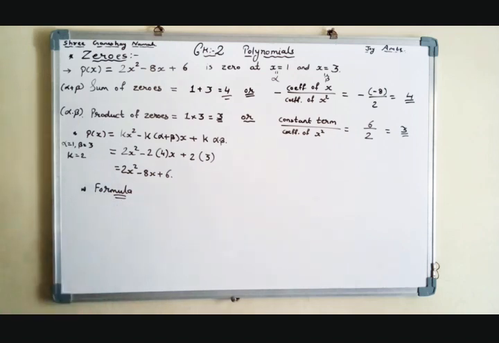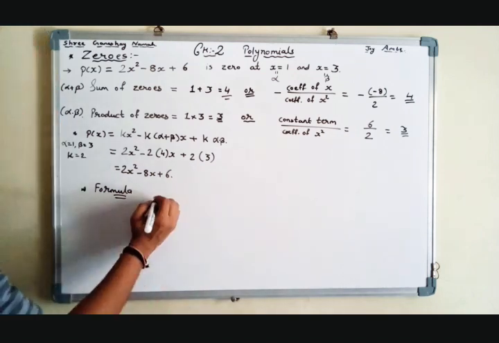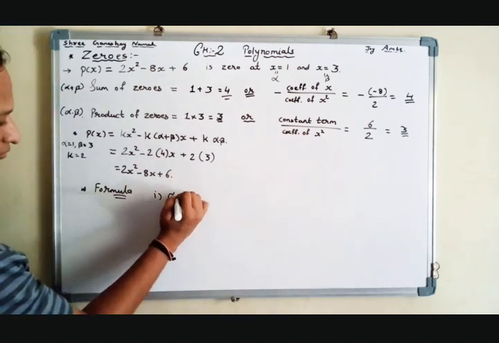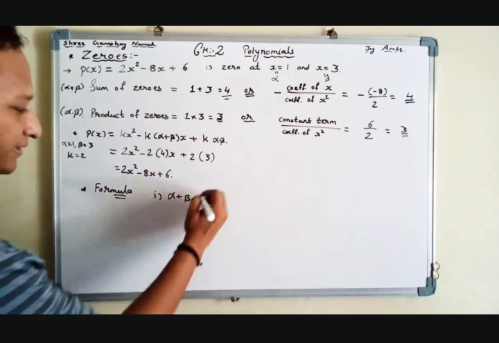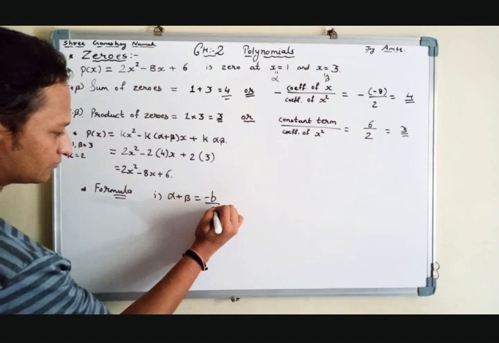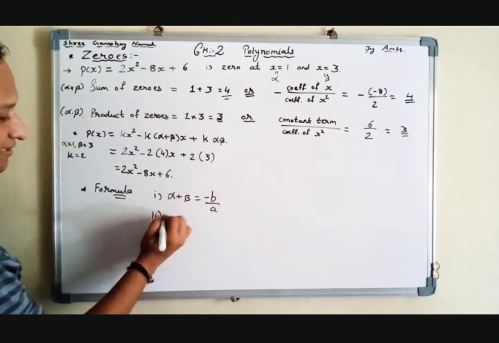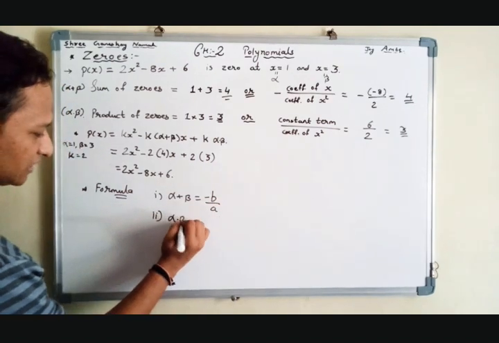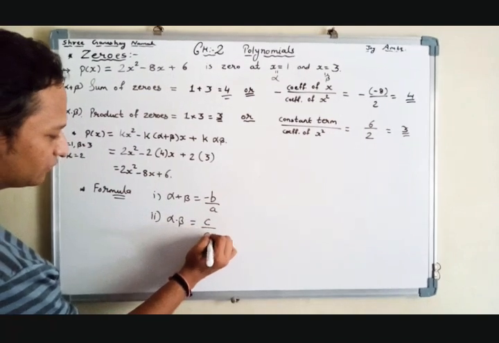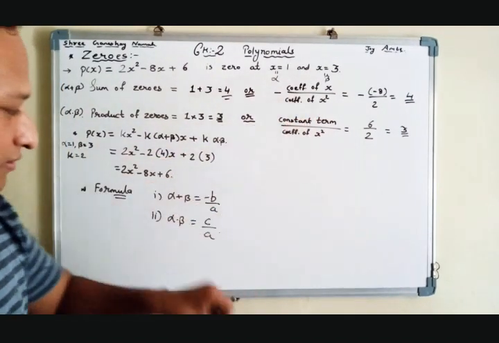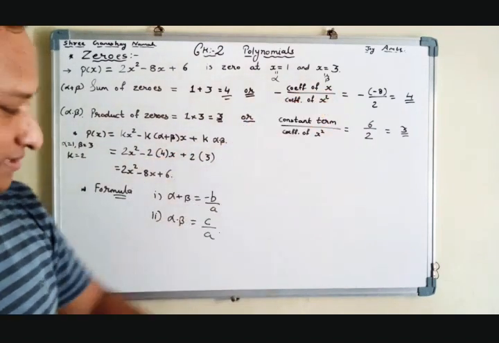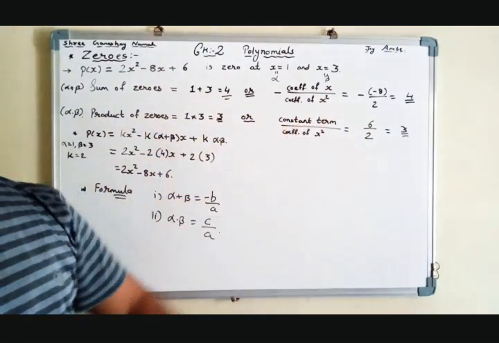Okay. So in short, in general, the formulas to find the sum and product of zeros are: alpha plus beta is minus b by a, that is the sum of zeros, and the product of zeros, alpha into beta, is c upon a. What are a, b and c? A means the coefficient of x square, b means the coefficient of x, and c means the constant term.